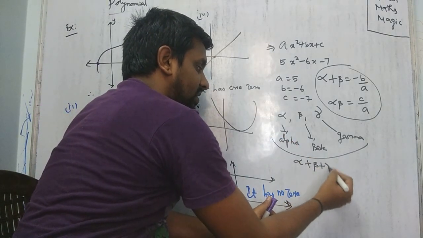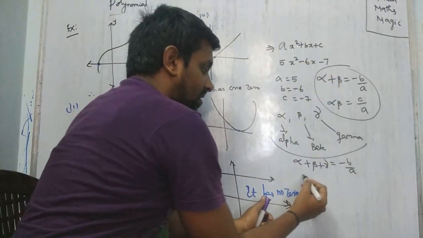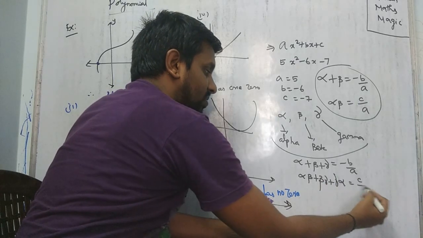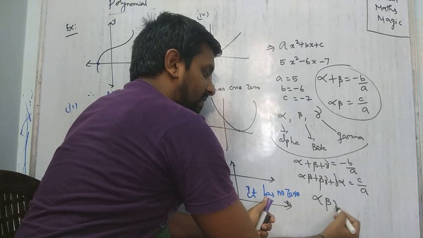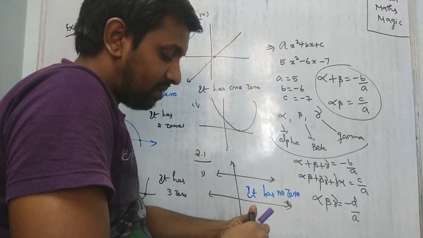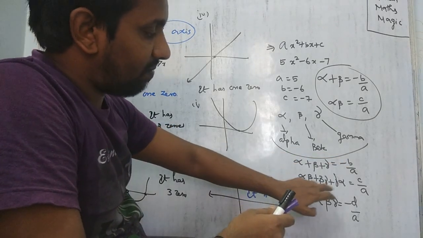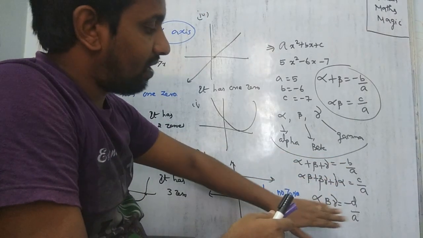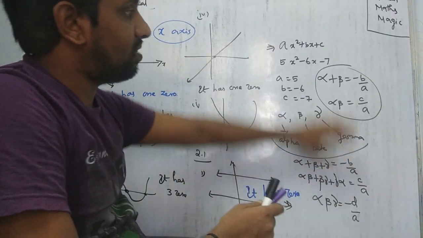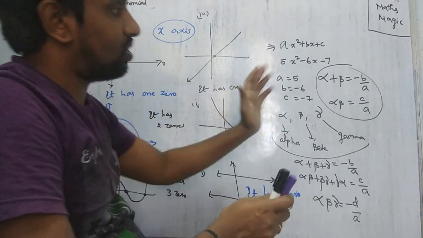Alpha plus beta plus gamma equals minus b by a, alpha beta plus beta gamma plus gamma alpha equals c by a, and the last one, alpha beta gamma equals minus d by a. So this is for the cubic polynomial, and that is for the quadratic polynomial. So how to use these formulas and how to verify these 2 things.